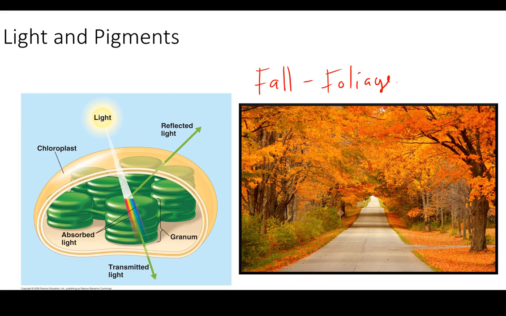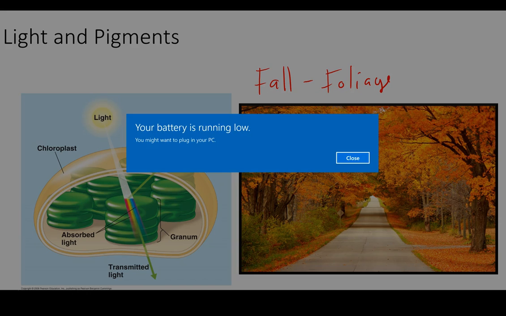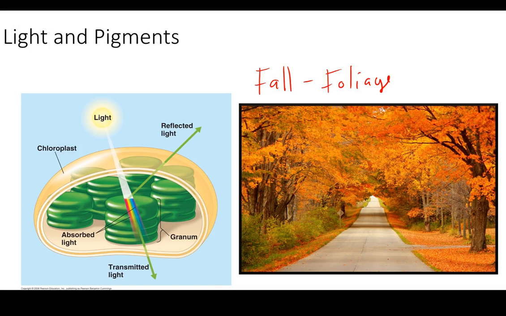So why do you think this is happening in the fall? Why do you see this explosive color of oranges, reds, yellows? Because there is not enough energy from the light to keep the cycle going. Good, that's part of it. So starting late September, October, November, what is happening environmentally?